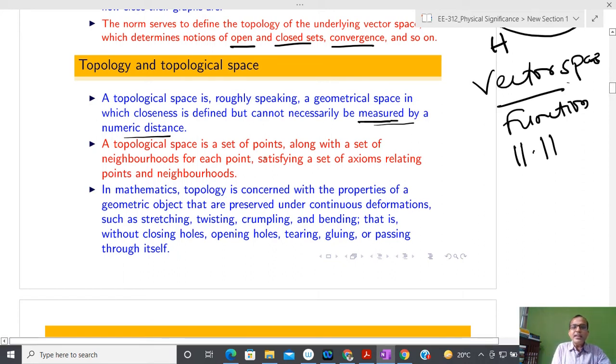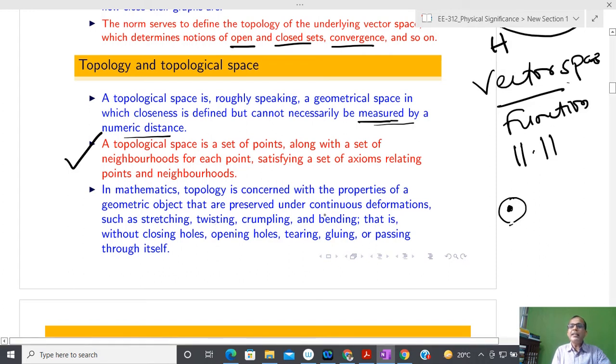A topological space is a set of points along with a set of neighborhoods. Whenever we define a topological space, we define everything in terms of points and their neighborhoods, and after that obviously some axioms are there. In this way we are quantifying the topological space. In mathematics, topology is concerned with the properties of geometrical objects. If you see carefully, topology is connected to continuity.